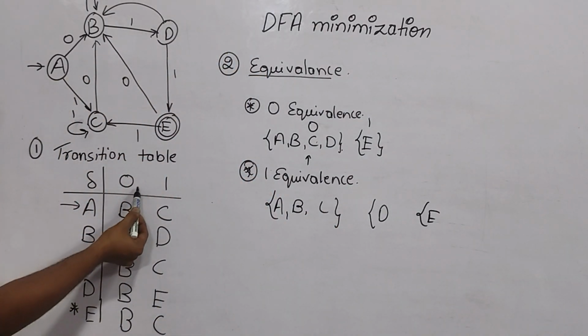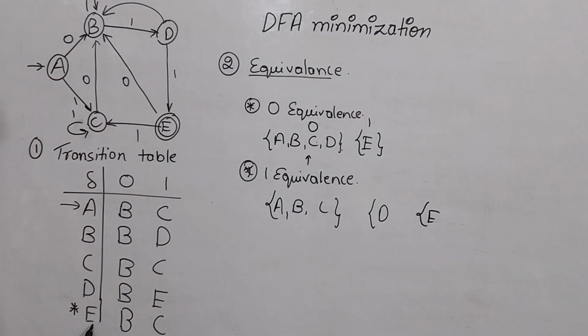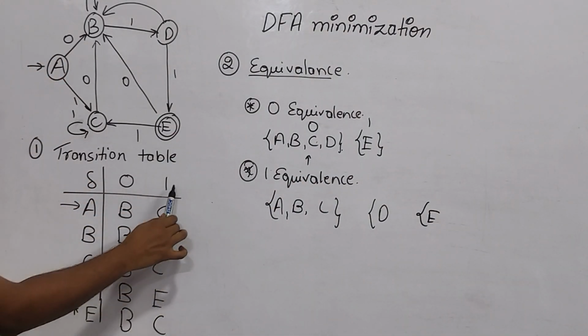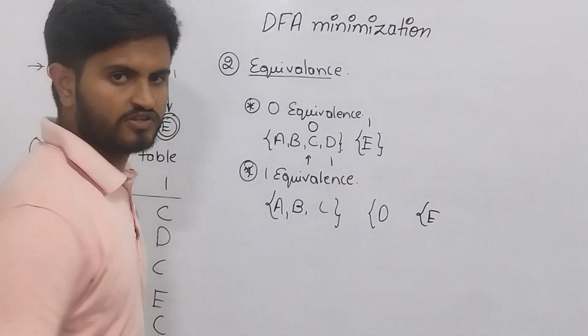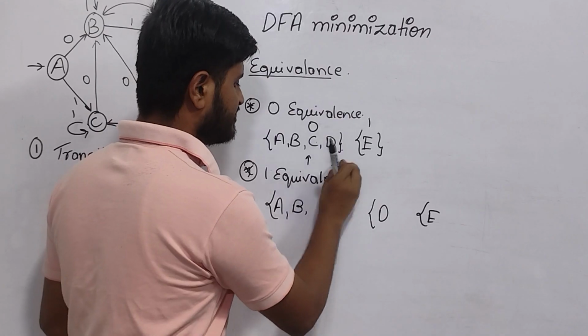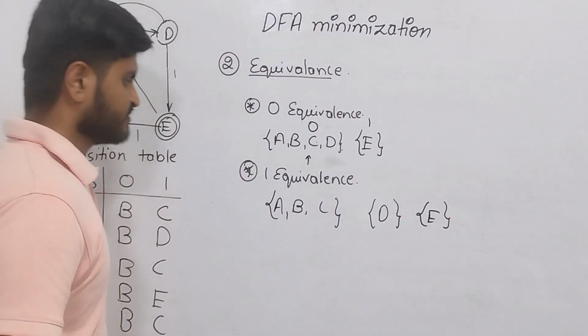For E, for 0 it is moving to B, so fine. But for 1, E is moving to C, which is again this group only. So you can say that D and E are not in the same group, they are separated.